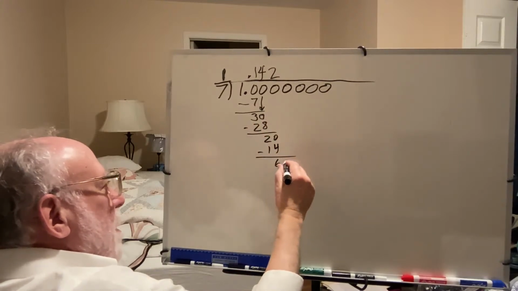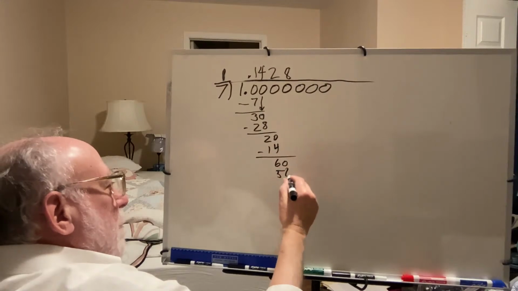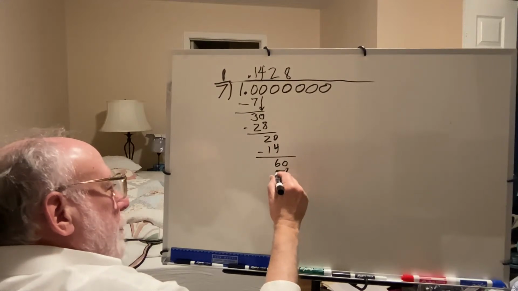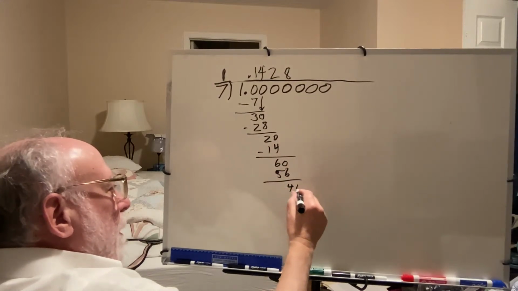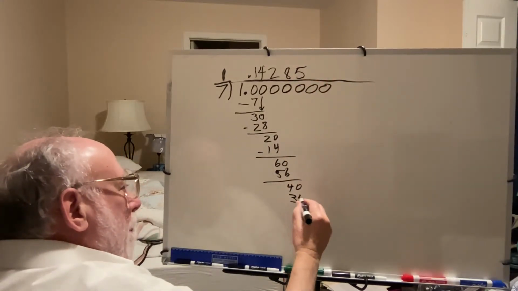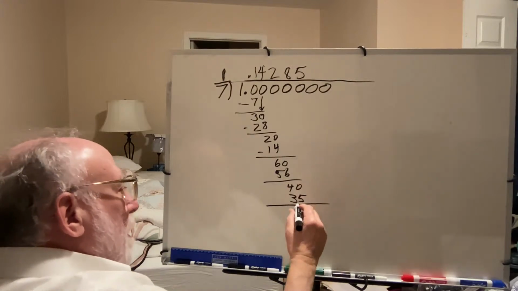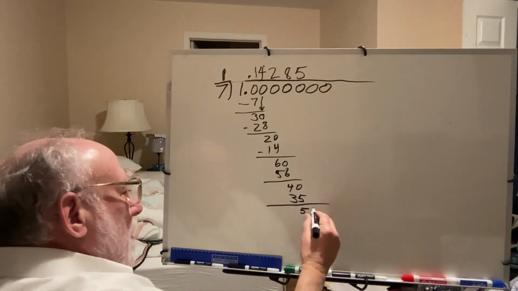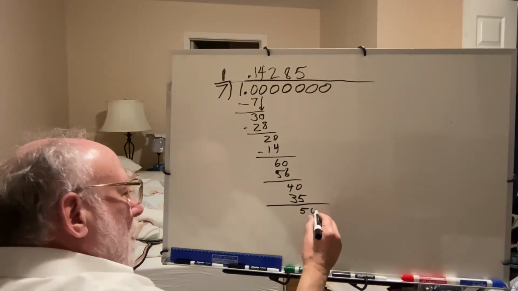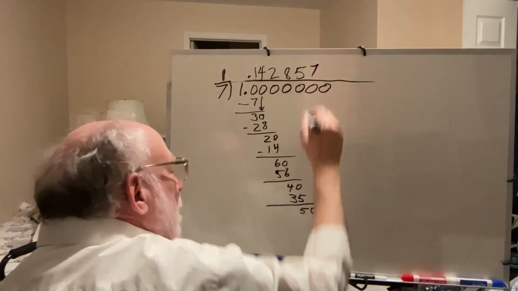And 8 7s are 56. And 5 7s are 35. And 7 7s are 49.